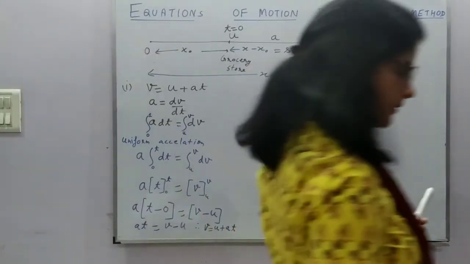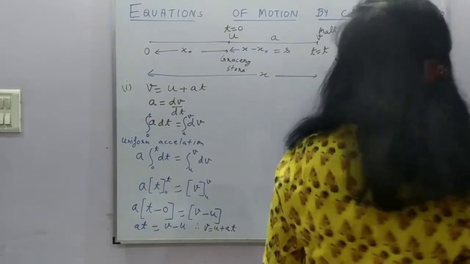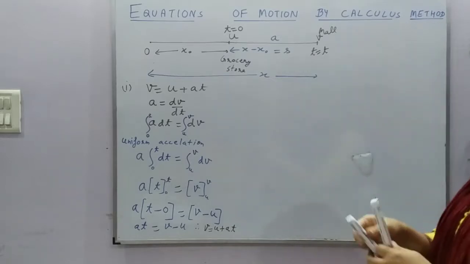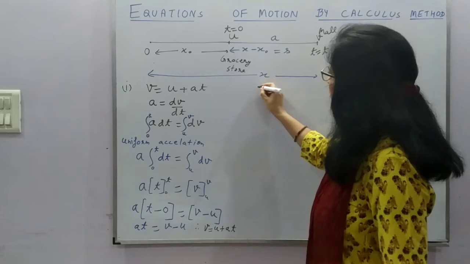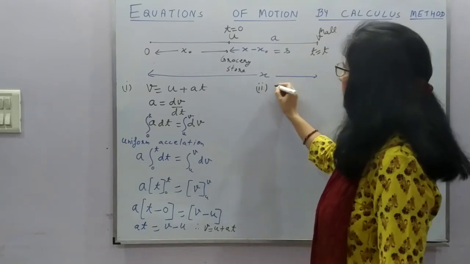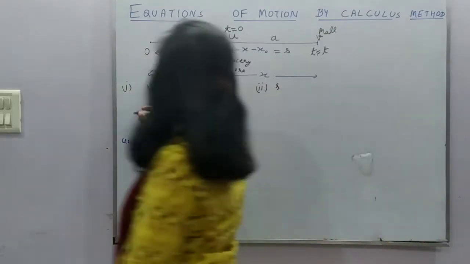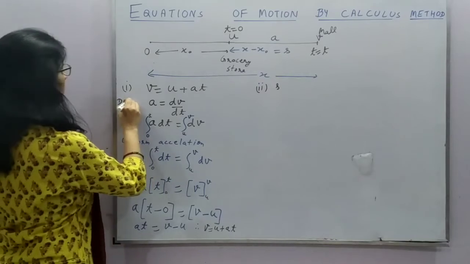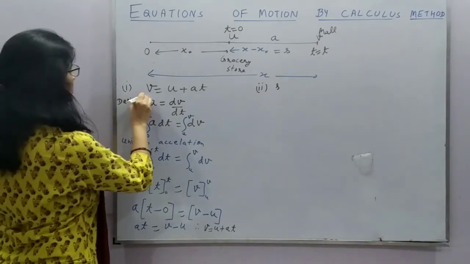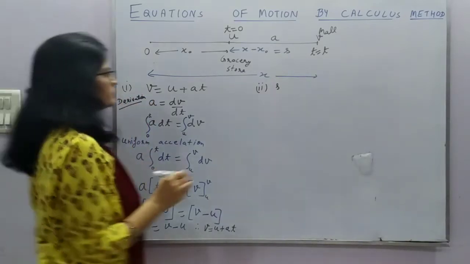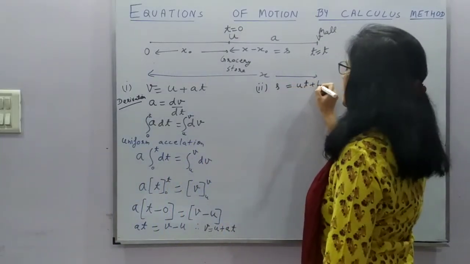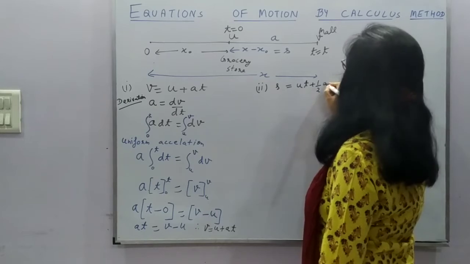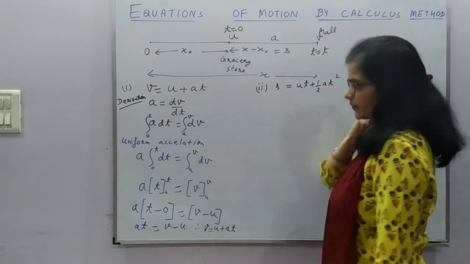Now let's take the second equation of motion. So what is our second equation of motion? Second equation of motion is s is equal to ut plus half at square, right?